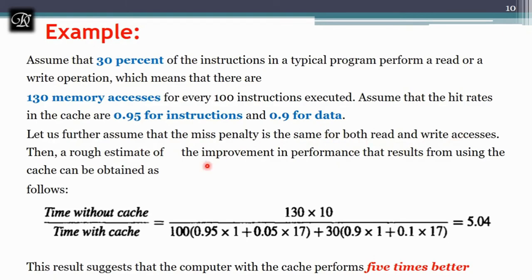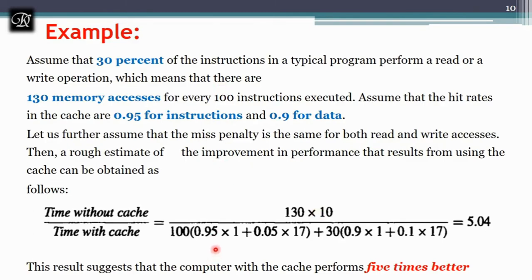Then a rough estimate of the improvement in performance that results from using the cache can be given as: time without cache is 130 × 10, since it takes 10 clock cycles without cache, divided by 100 instructions.